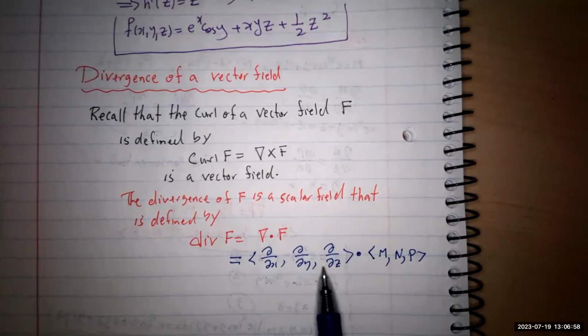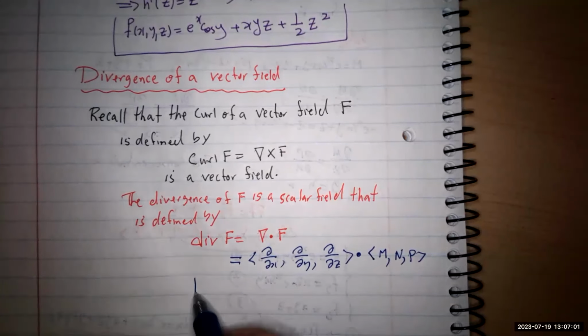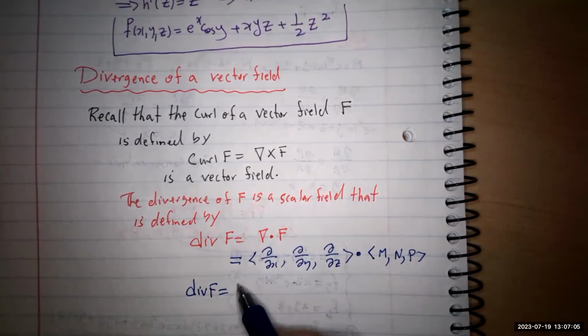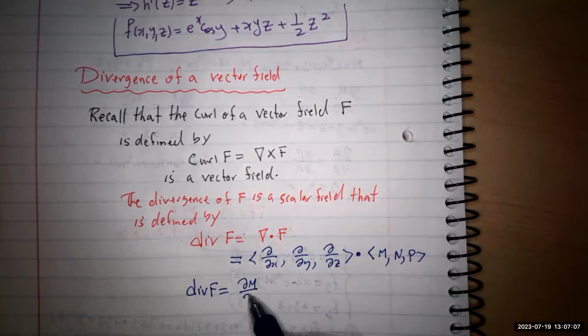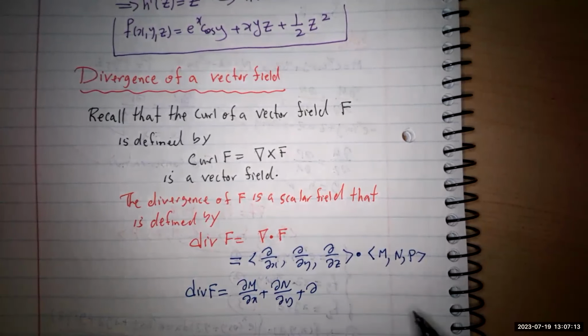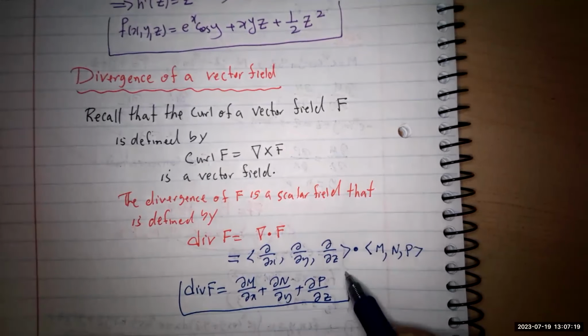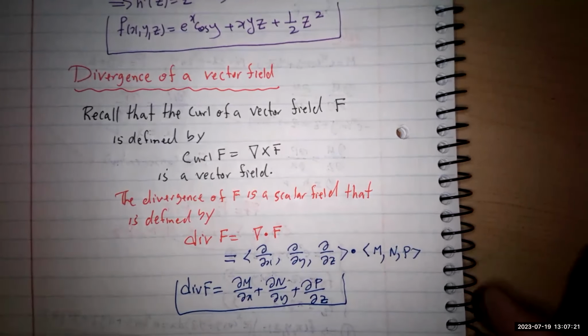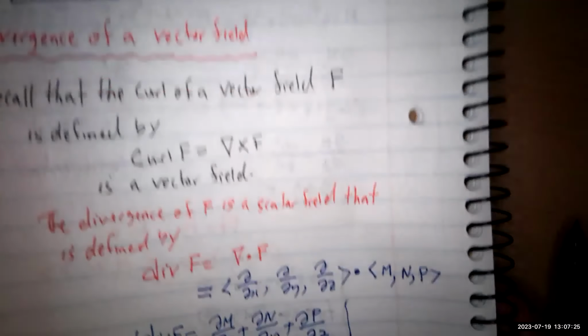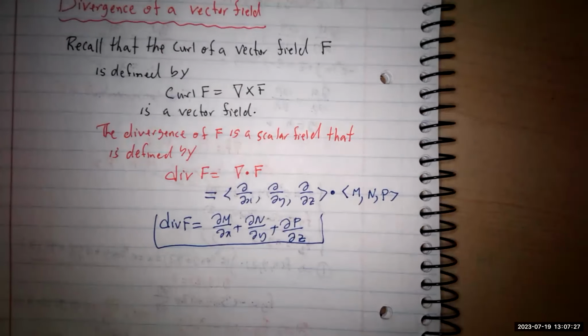So the divergence of F is equal to round M round x plus round N round y plus round P round z. That's it. This is the divergence, which is very easy to find, and it's a scalar valued function, because there is no i, j, k here.